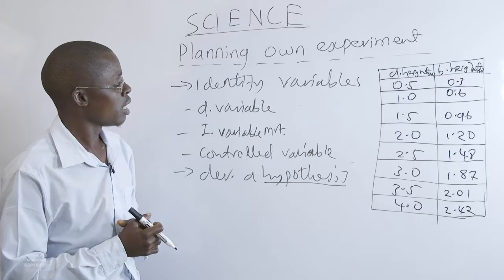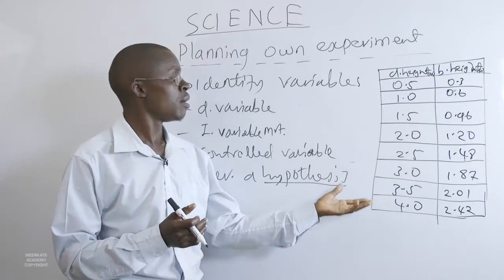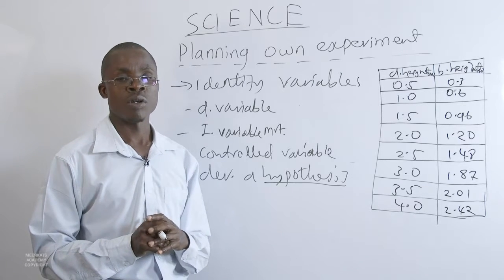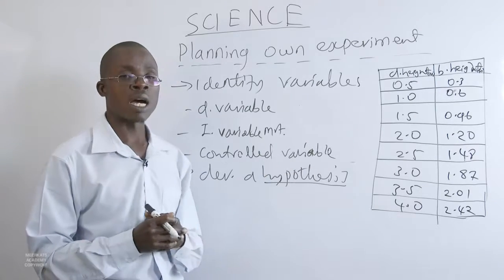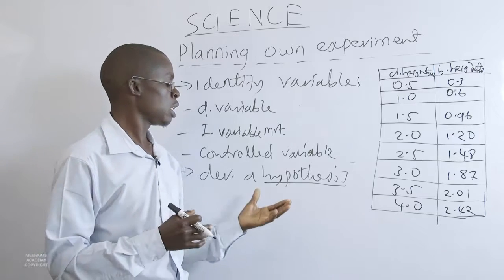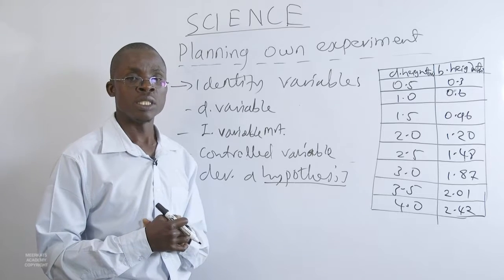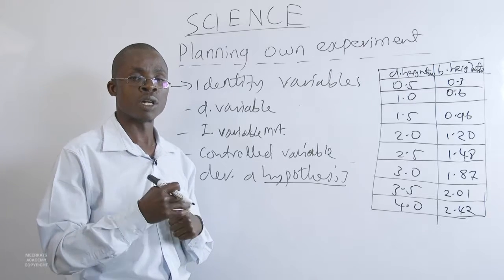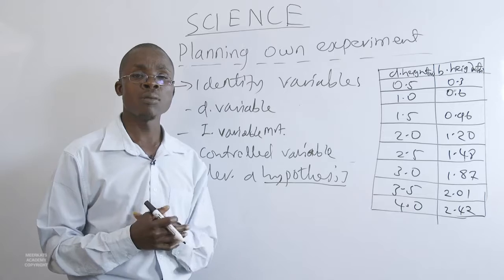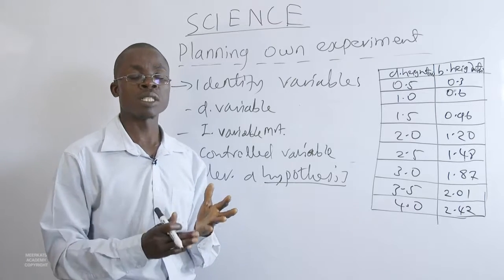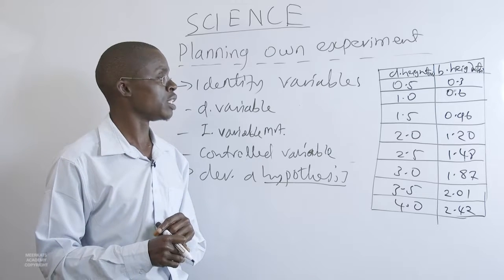So one of the other aspects we have to look at is to present the data in graph form during recording of results, so that when it comes to interpreting the results, to discuss and analyze, it becomes easier.